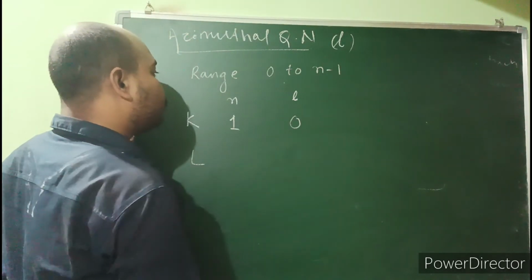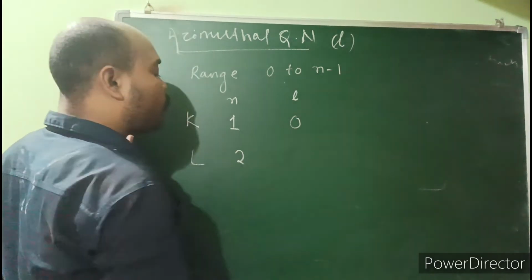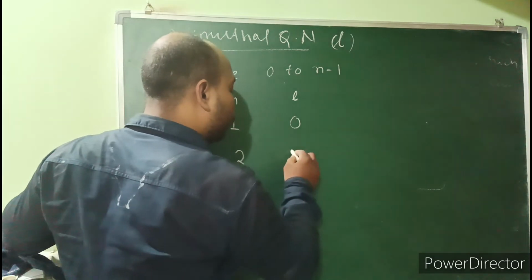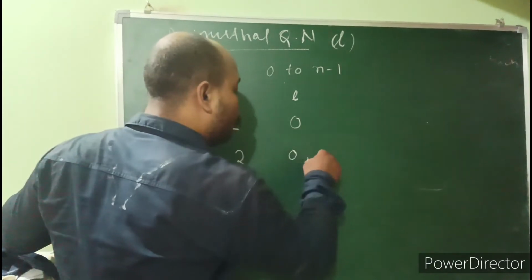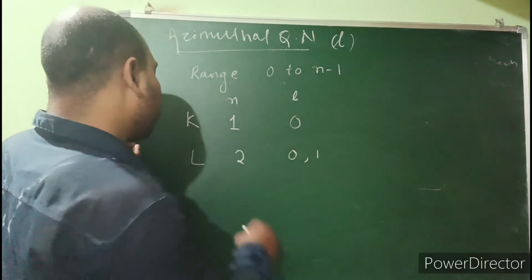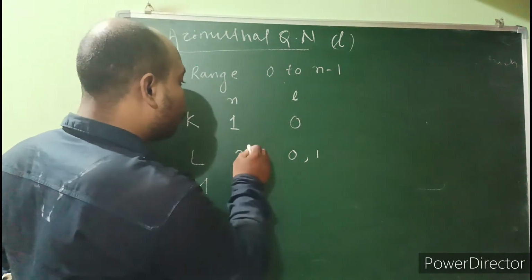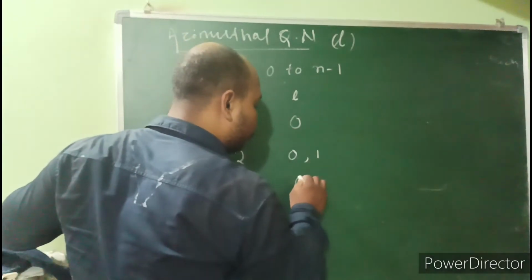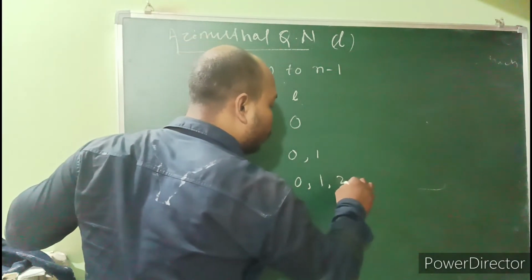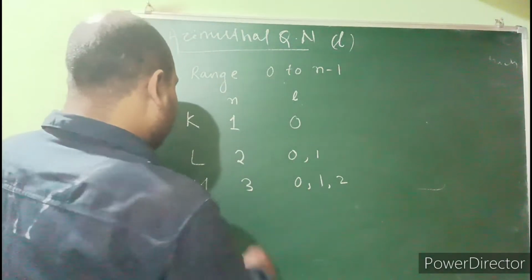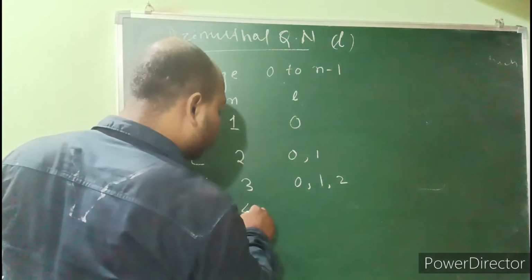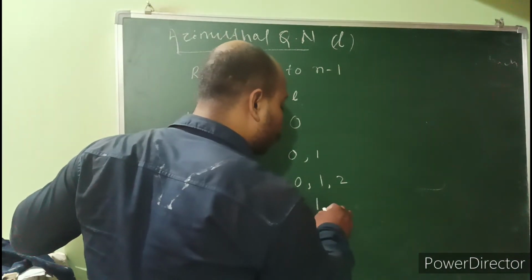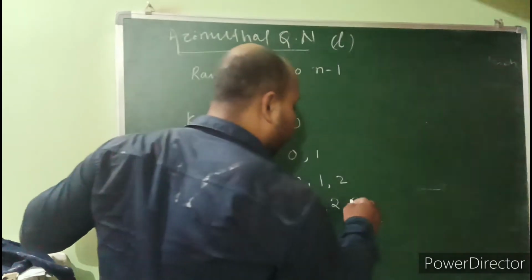For L shell, n is 2, while l is 0 and 1. Similarly, for M shell, n is 3 and l is 0, 1, 2. For N shell, n is 4 and l is 0, 1, 2 and 3.